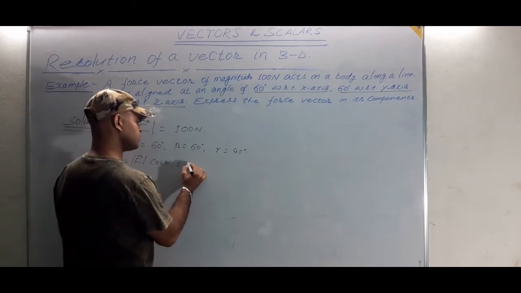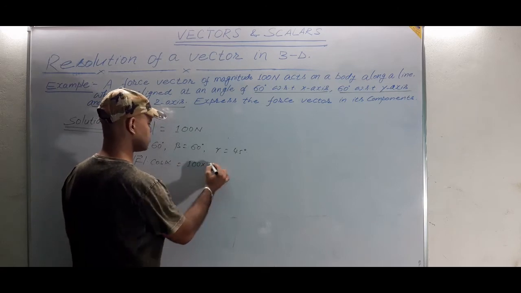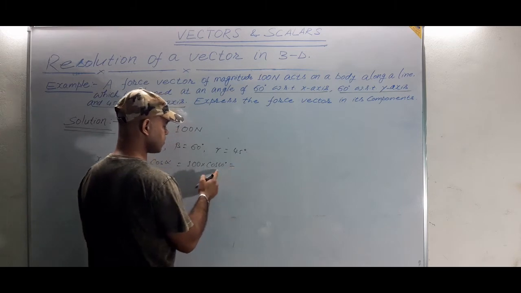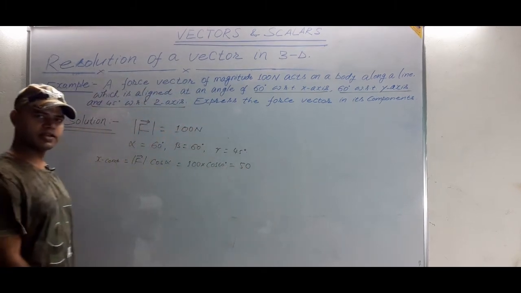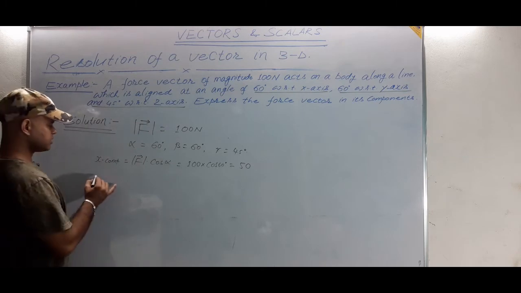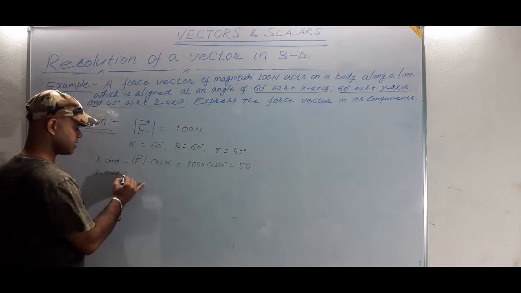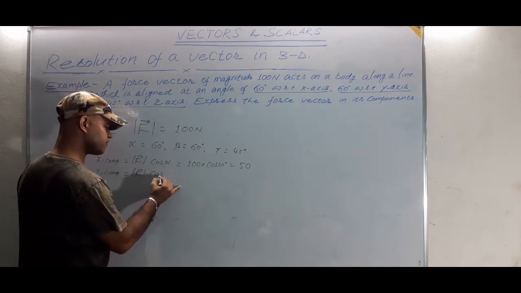So magnitude of the vector is 100 units and cos of alpha means cos of 60 degree. So cos 60 is 1 by 2. So 1 by 2 into 100, that is 50 newtons. Getting it? 50 units.